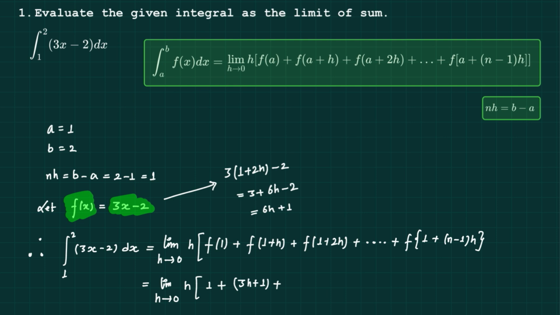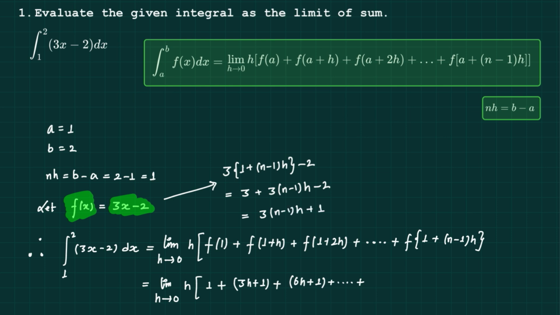So f of 1 plus 2h is 6h plus 1, and similarly f of 1 plus n minus 1 h, let us calculate it here. 3 into x, that is 1 plus n minus 1 h, minus 2. It will be equal to 3 plus 3 into n minus 1 h minus 2. So it will be 3 into n minus 1 h plus 1.